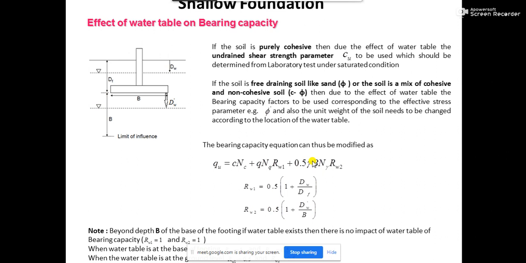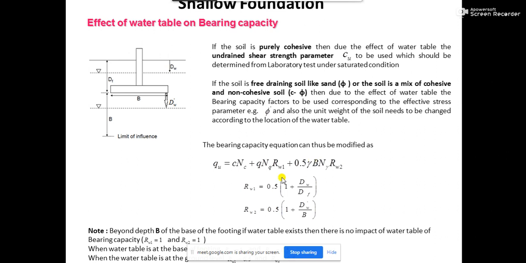So try to understand that these RW1 and RW2 factors are nothing but interpolation functions which automatically take care of the reduction of unit weight of soil because of the presence of the water table. Okay, now let us go to the next part.